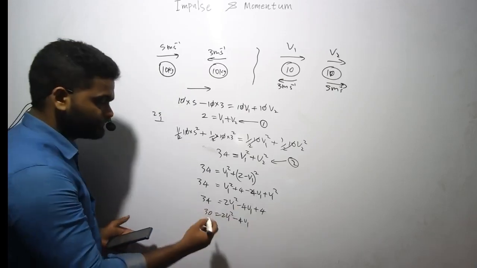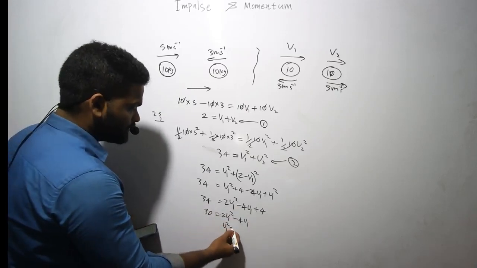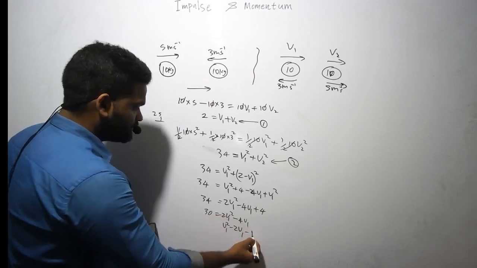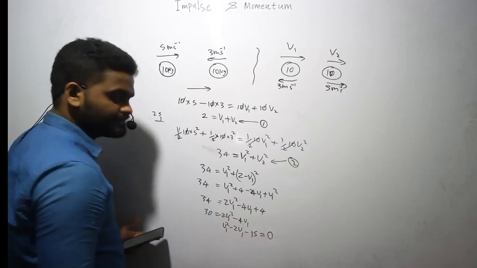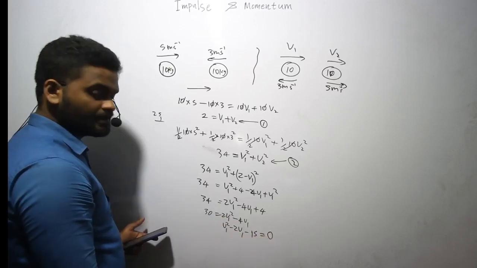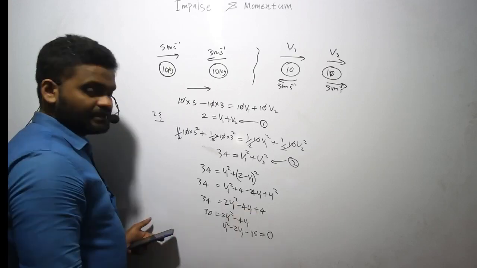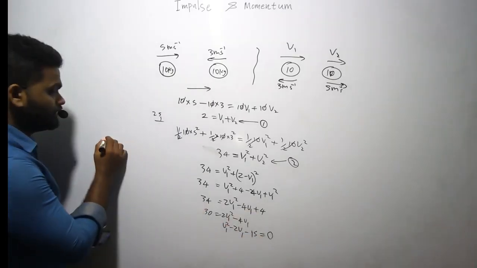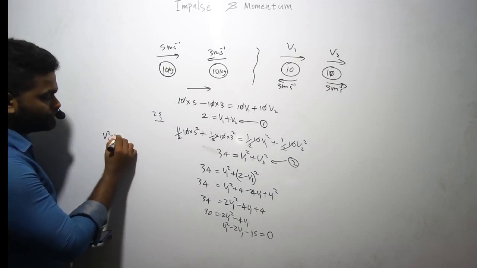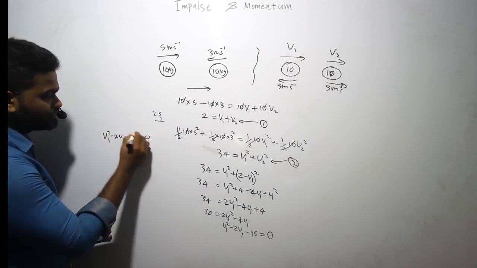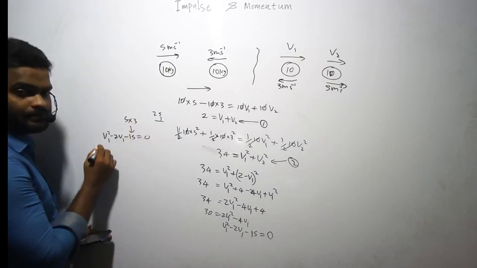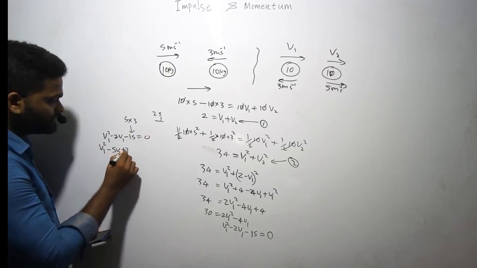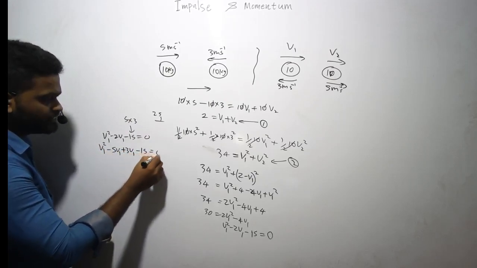Divide by 2: v1 squared minus 2v1 minus 15 equals 0. So you have a quadratic equation and you have to factor it. 15 means 5 times 3. So you get v1 squared minus 5v1 plus 3v1 minus 15 equals 0.